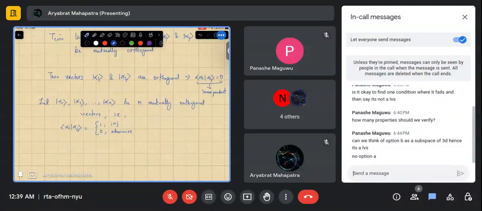Now if they are orthogonal, and we want to know whether they have to be linearly independent, again we can look back to the same condition. Let's say I take a linear combination of all these mutually orthogonal vectors.